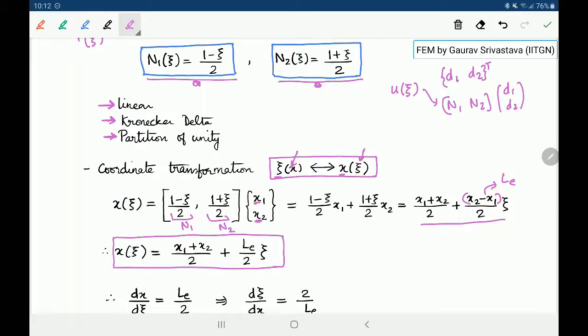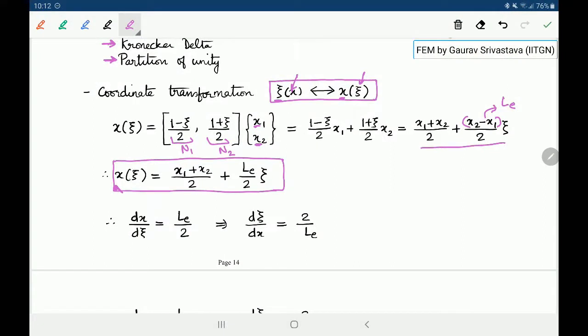So once we have defined x as a function of psi, we can also define dx by d psi, which comes out to be Le by 2, and we can also define the inverse derivative d psi by dx, which is 2 by Le.